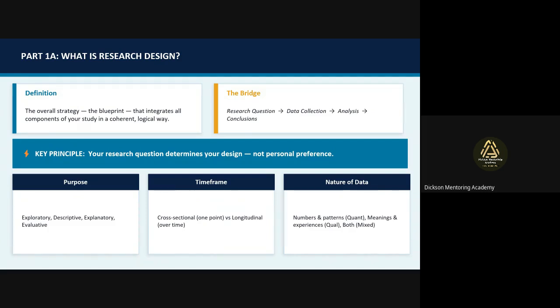It could be a mixture of both, which is mixed method. So your research design is answered in these parts. It is your overall strategy. And you have to determine the purpose, the time frame, the nature of data. And you provide a bridge between your research questions, data collection, analysis, and conclusion.